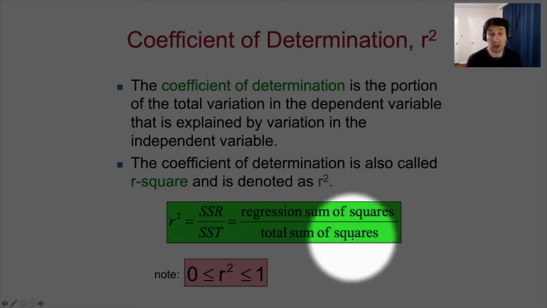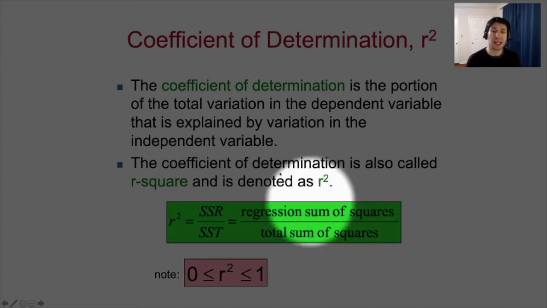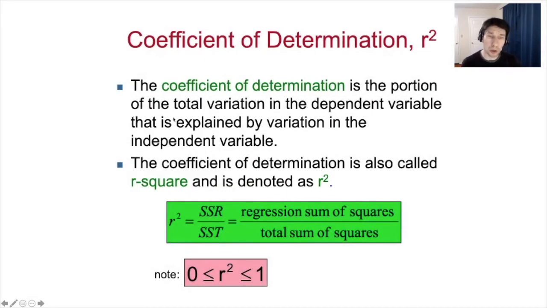Total sum of squares is the total variation. So what is the coefficient of determination? It is the portion of the total variation in the dependent variable that is explained by the variation in the independent variable. This makes sense as a measure of quality. It tells us precisely how much we were able to explain with our explanatory variable.